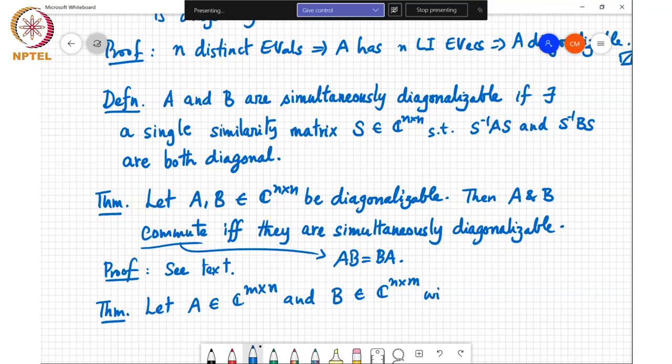and B in C to the n by m, with m less than or equal to n.